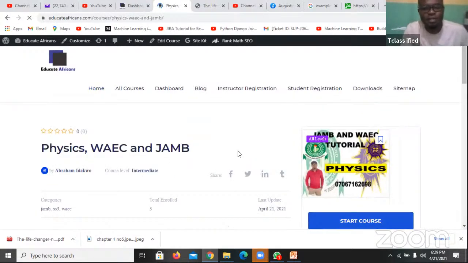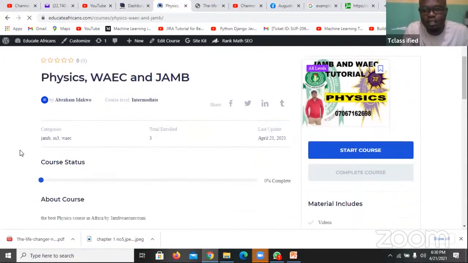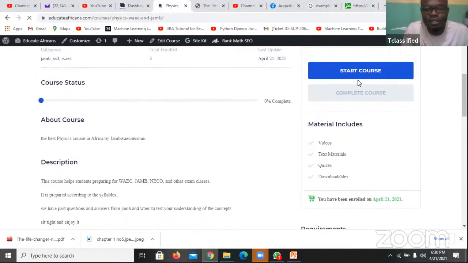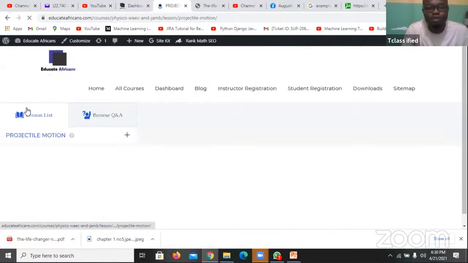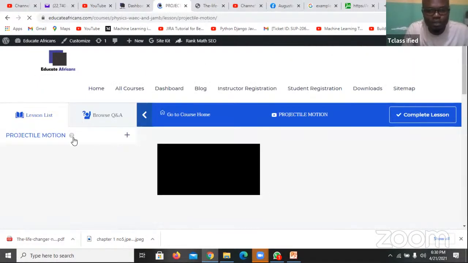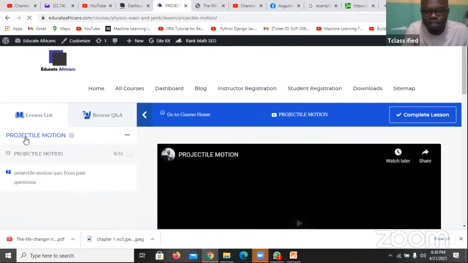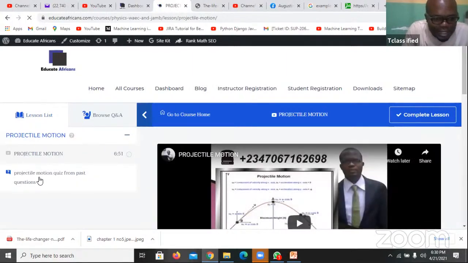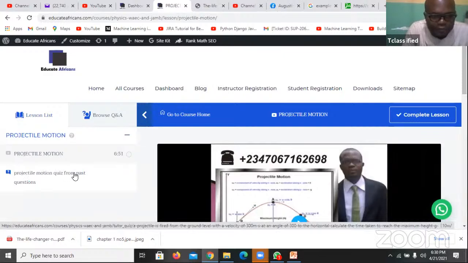Okay, so it has opened now. Once it opens, you will see the start course and everything. So you click on start course. It will open up. Once it opens up, the course that will fill the page is projectile. So if you come by this side, you will see Projectile Motion Quiz from past questions. Chika, can you see this?